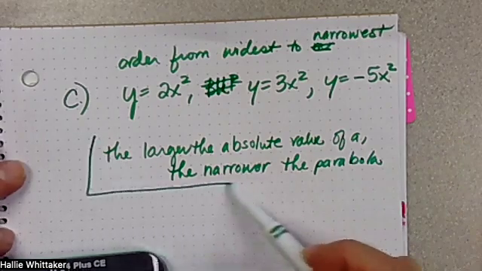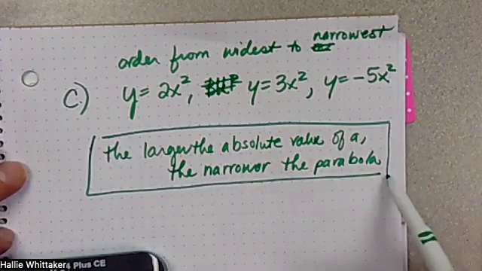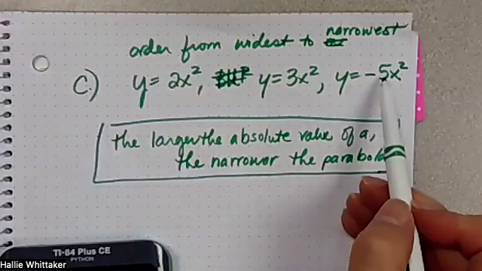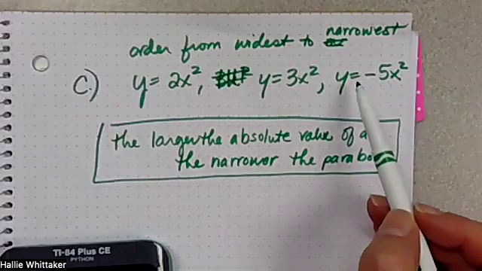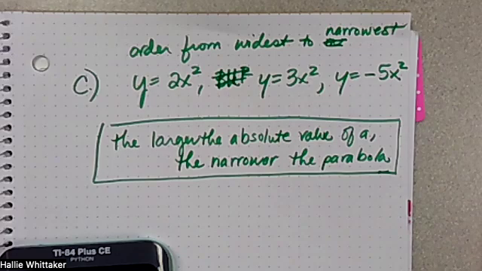Okay, the larger the absolute value of A, the narrower the parabola. If you think about it, the bigger that number gets in terms of absolute value, the quicker that thing shoots up. So that's why it's going to be so narrow.